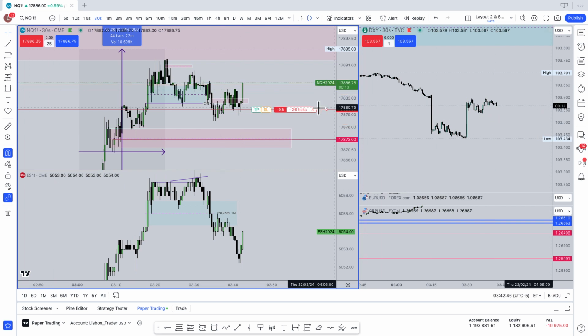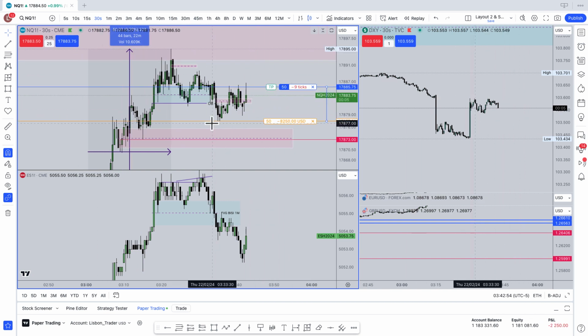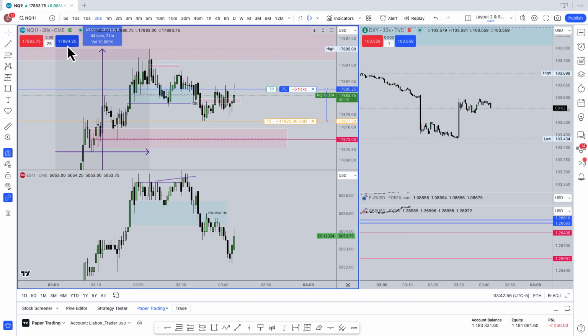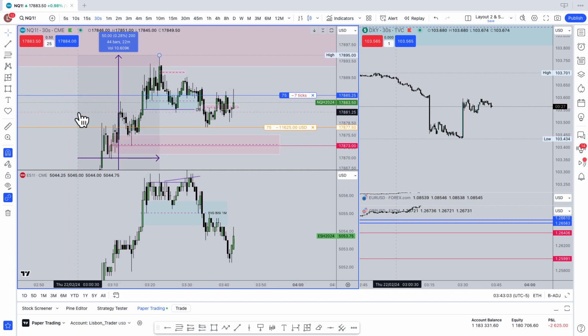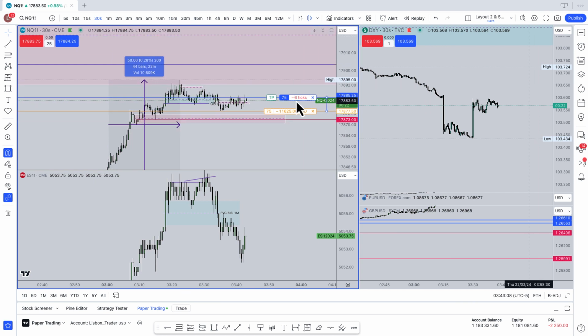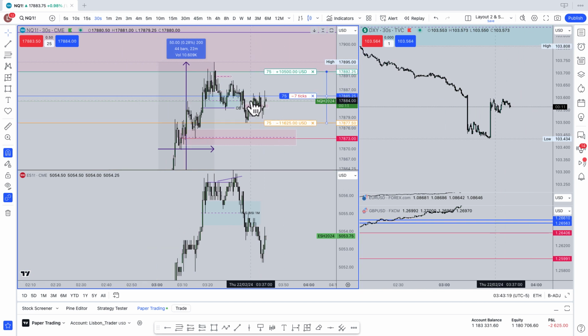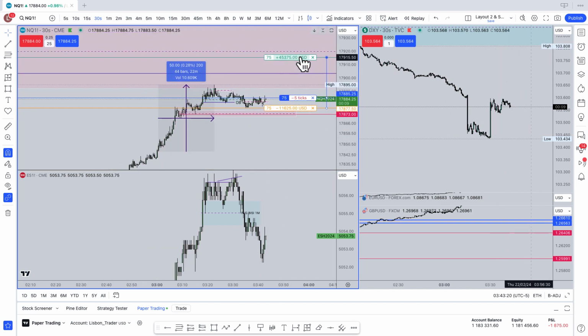Unless the DXY goes down, yeah. It's not cooperating. Today might be a drawdown day. Or they push it all the way.